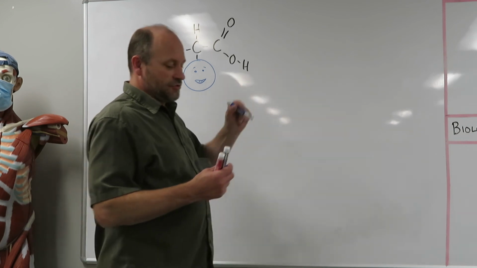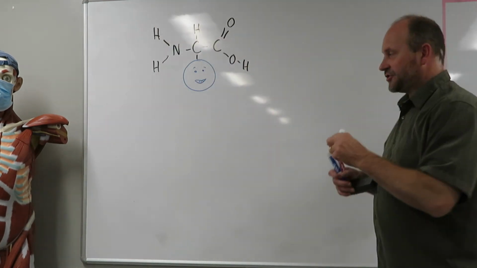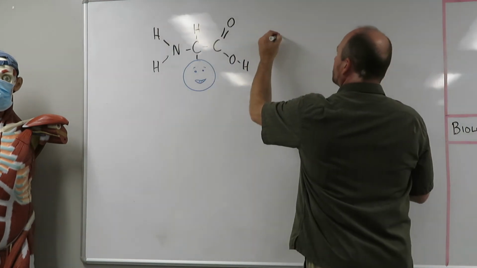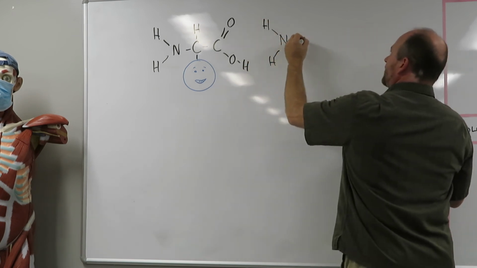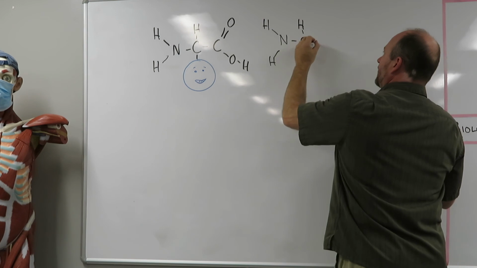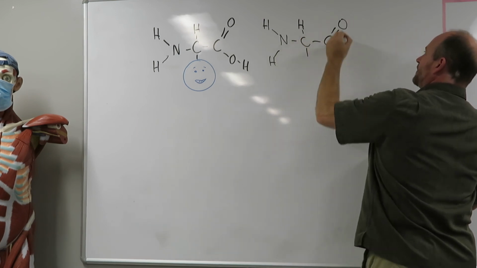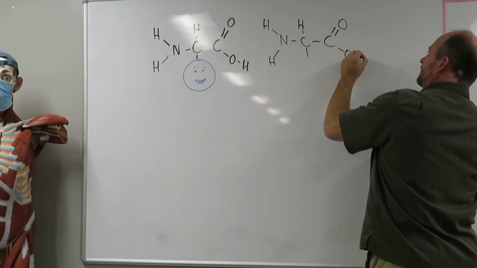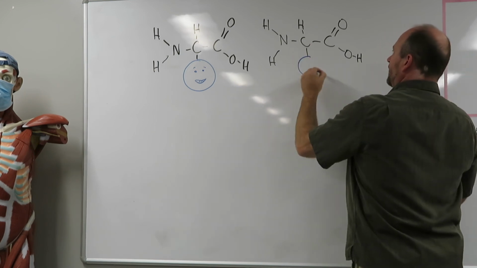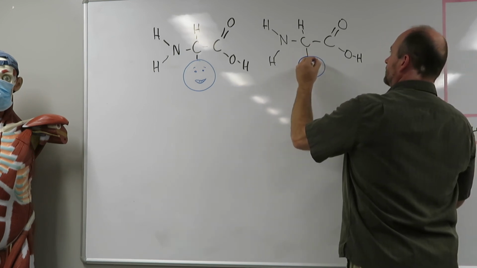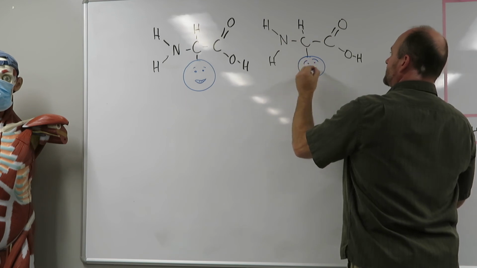So I'm going to draw another amino acid here, and I'm going to show you how we bond these. So here's my next amino group, and my carbon spine, and my next carboxyl group. And let's give this one a sad personality.